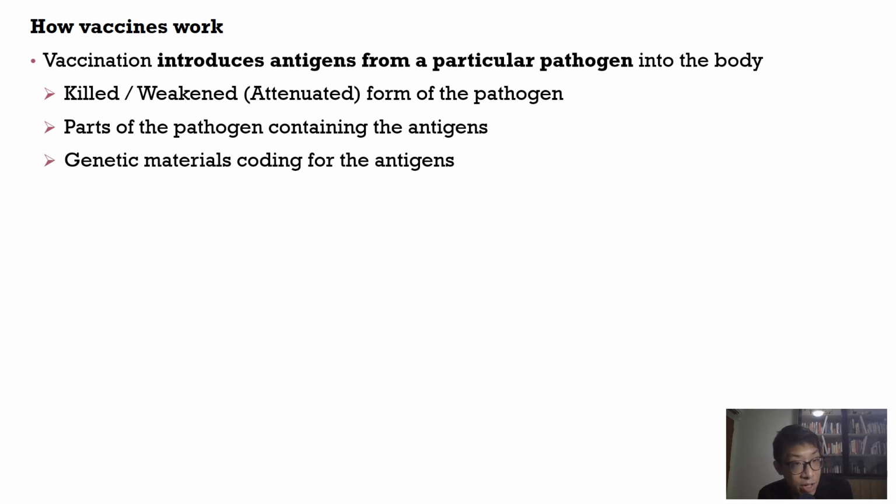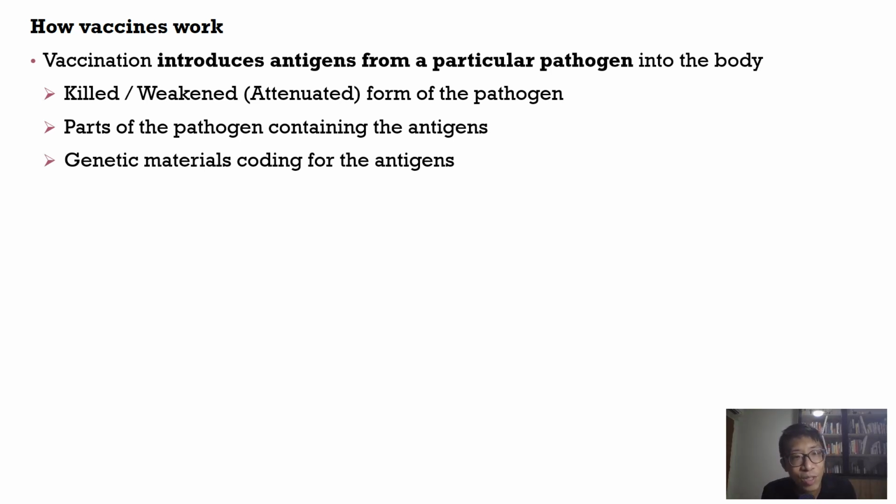It can be the entire virus or bacteria that is already attenuated. Attenuated means it has a reduced ability to cause disease, to infect the cells. Right, some might be really 100% killed, right? 100% not able to infect our cells.